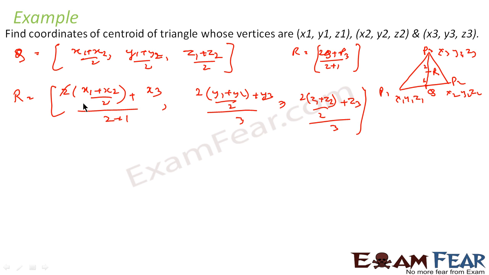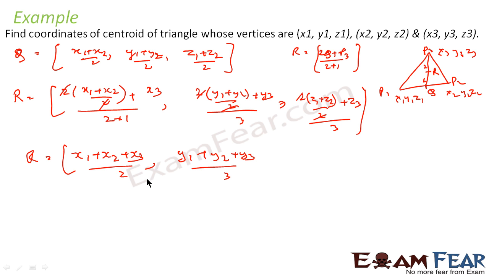Correct? This 2 cancels, 2 cancels, 2 cancels. So what we got is R is nothing but ((x1 plus x2 plus x3) by 3, (y1 plus y2 plus y3) by 3, (z1 plus z2 plus z3) by 3).